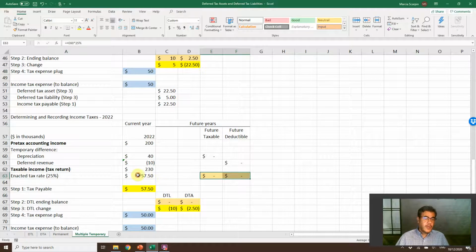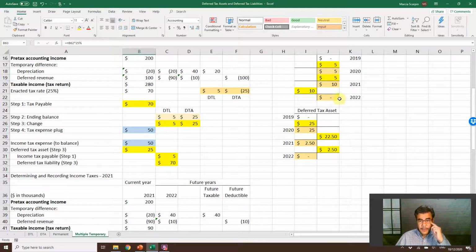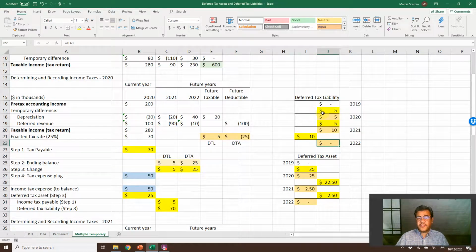2022, nothing else on ending balance because they are temporary difference. So taxable income 230, tax rate 25%, so tax payable 57.5. No ending balance. So for the deferred tax liability, nothing less 10, negative 10, decreasing 10. Asset, nothing less 2.5, decreasing 2.5.